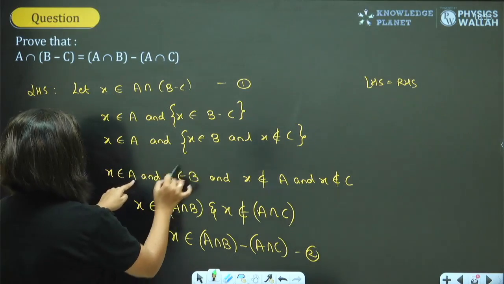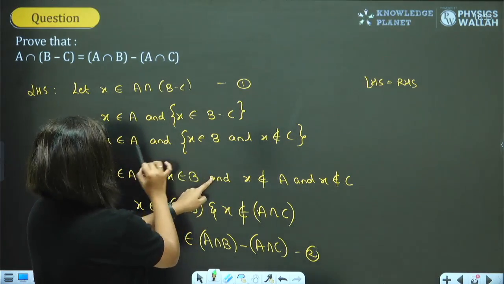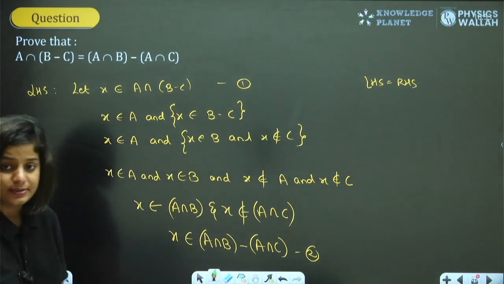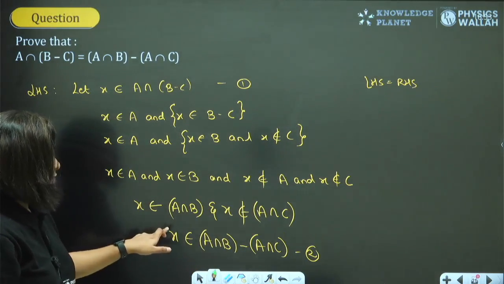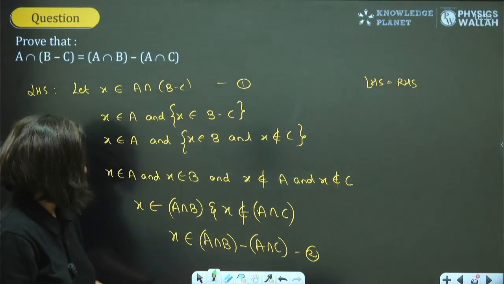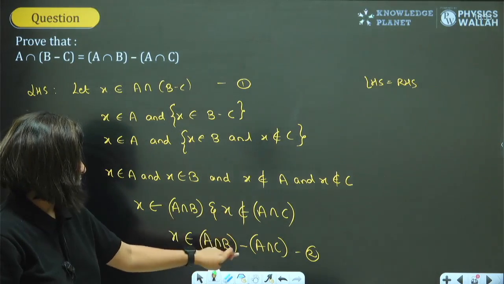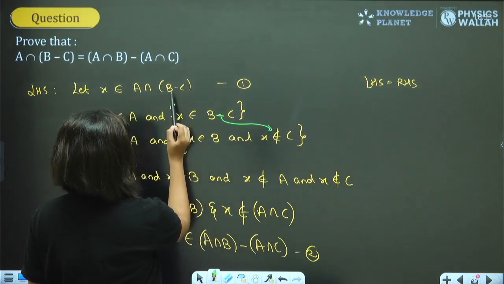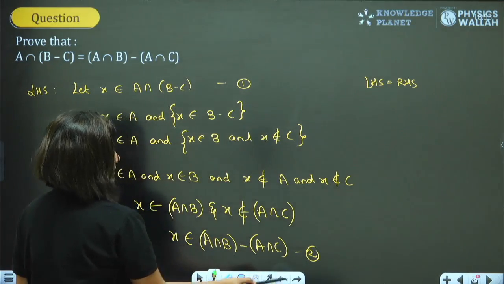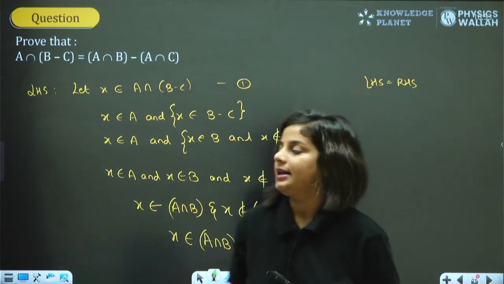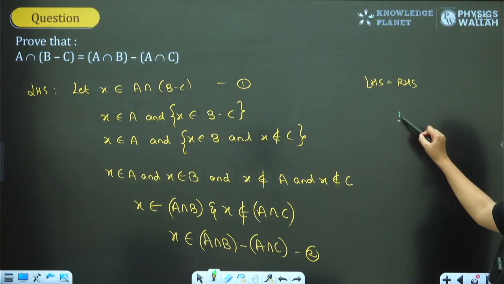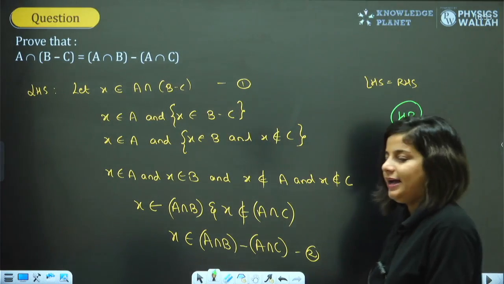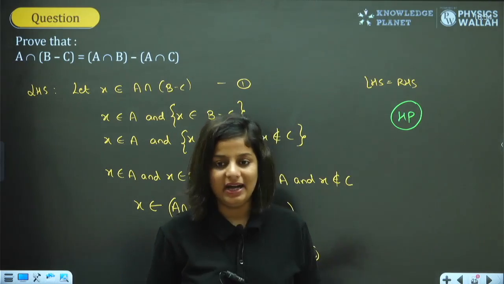X belongs to A and X belongs to B, and X doesn't belong to A and C. Doesn't belong means minus sign. Remember this: minus sign means doesn't belong. Hence proved.